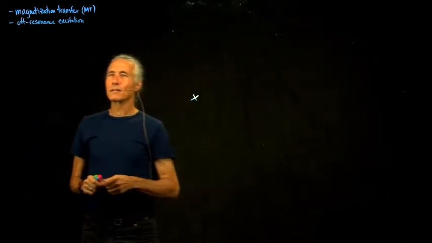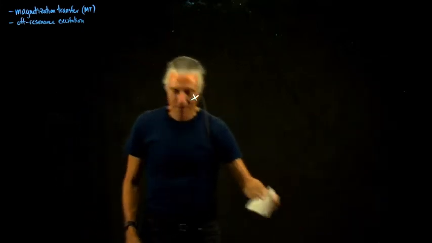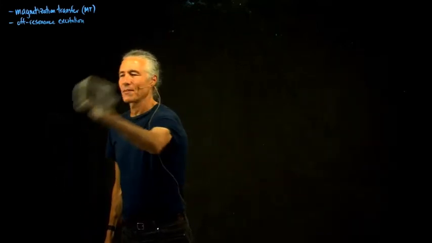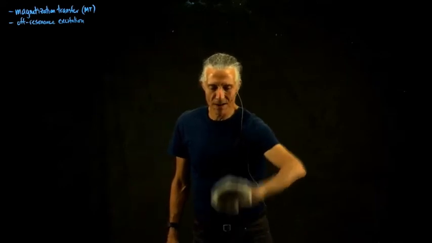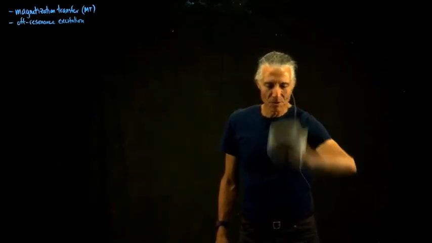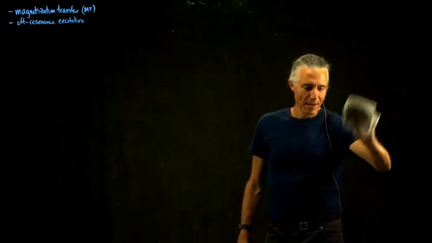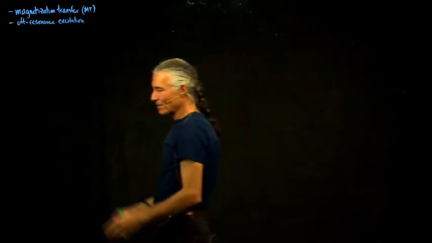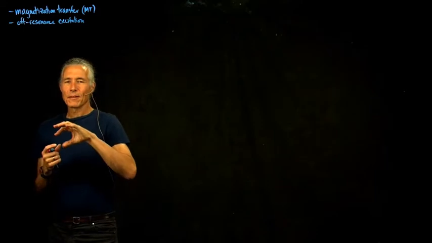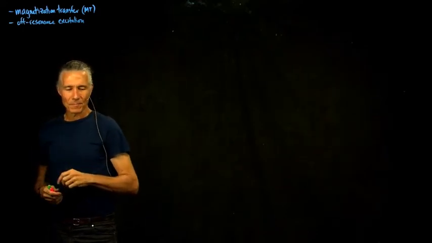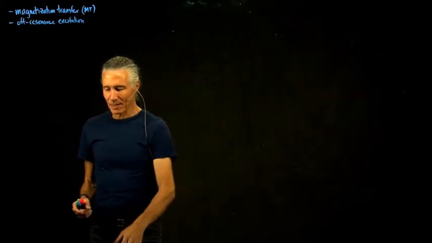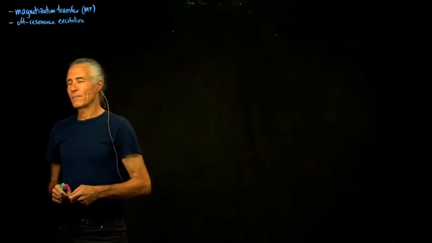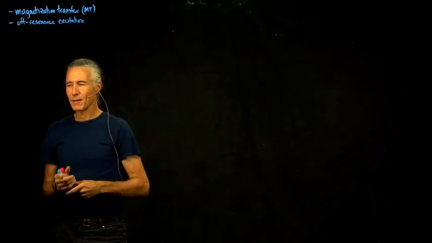So let's start with the magnetization transfer. When you look at an MRI image, you relate it to the brain that's actually there, but there are all different kinds of features of the image that are not completely apparent. An example is the skull, which is typically black in an image.